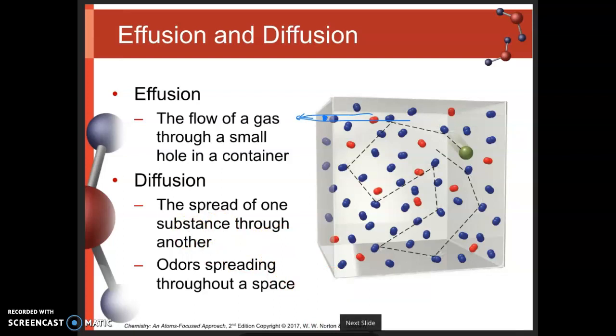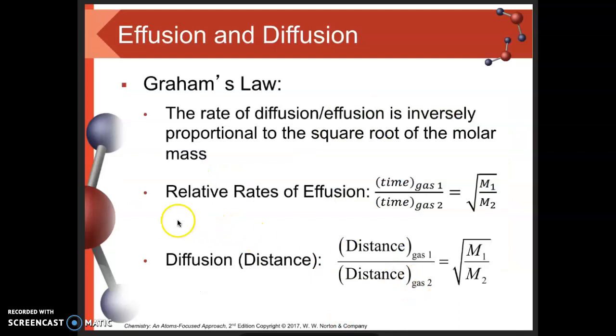Now, we can quantify diffusion and effusion using something called Graham's law. Graham's law states that the relative rate of diffusion, or effusion, is inversely proportional to the square root of the molar mass. And so there are a number of different ways that we can look at it.